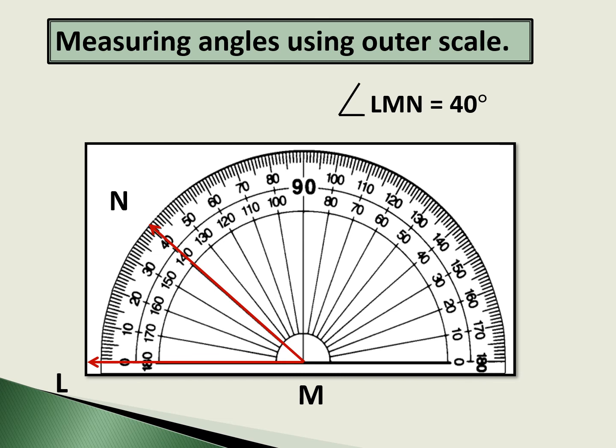The second arm of the angle, that is MN, crosses the outer scale at 40 degrees. Thus, angle NML measures 40 degrees. And over here, we use the outer scale to measure the angle.